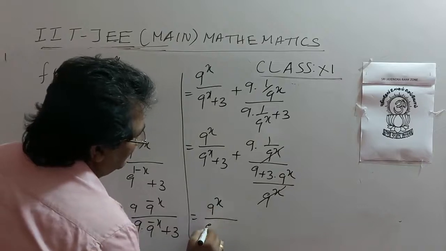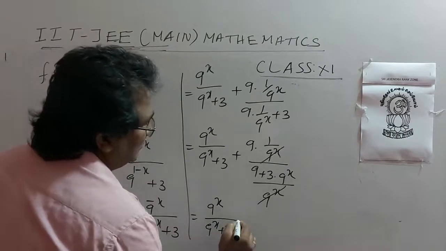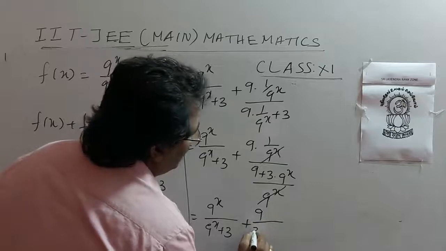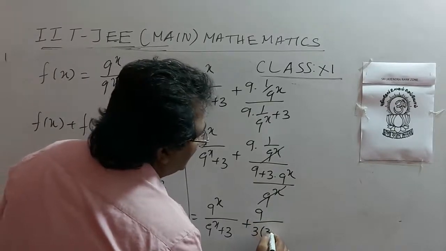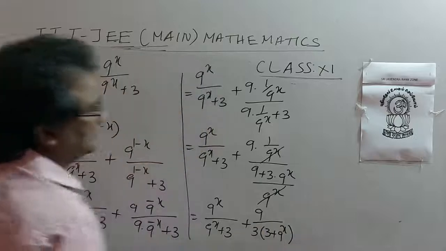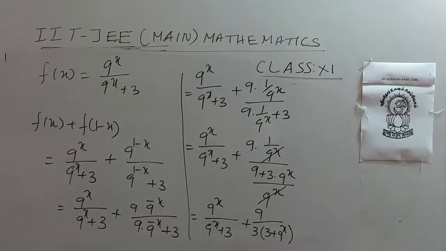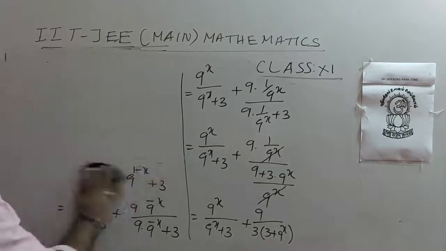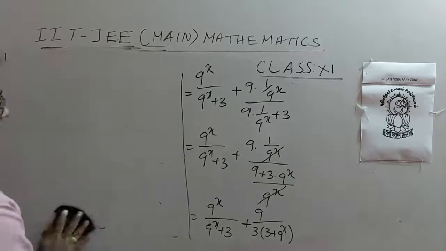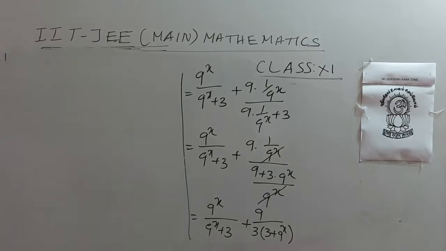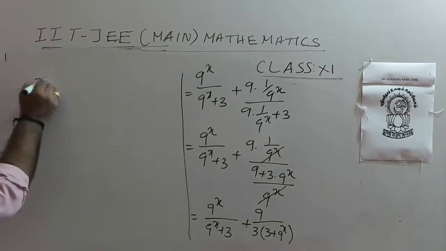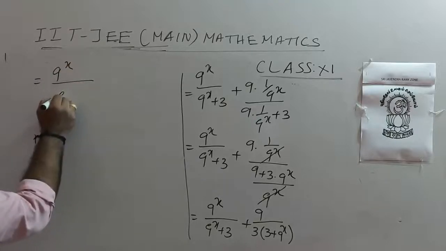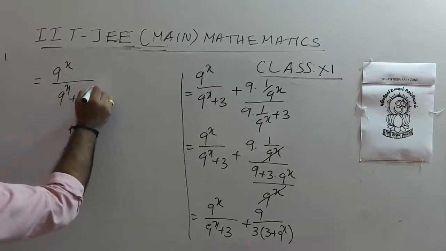So 9 power x by 9 power x plus 3, plus 3 by 3 plus 9 power x.